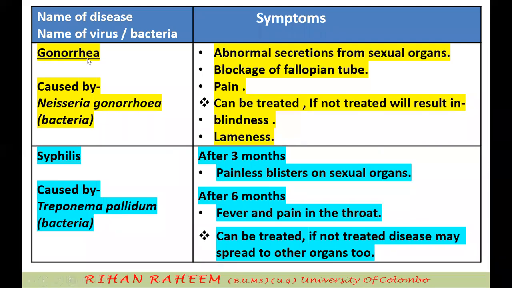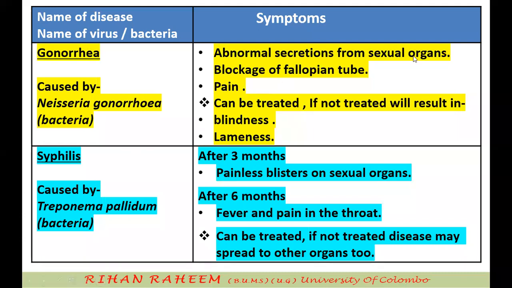The first two diseases are caused by bacteria. The first disease is gonorrhea. It is caused by a bacteria known as Neisseria gonorrhoeae. Nice name, no? It's not Nazria, it's Neisseria gonorrhoeae. When the person gets gonorrhea, what will happen?